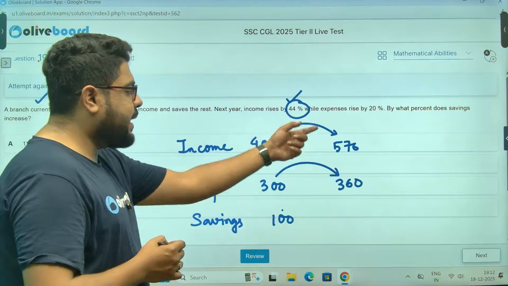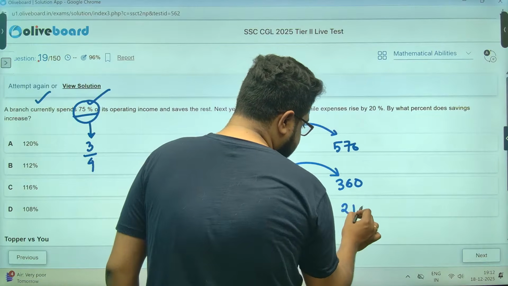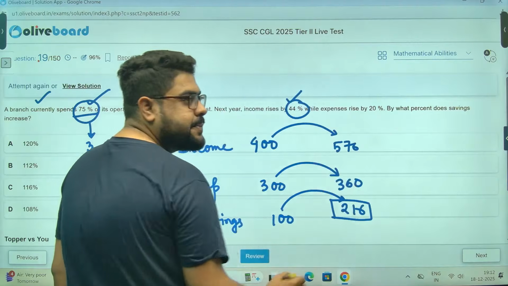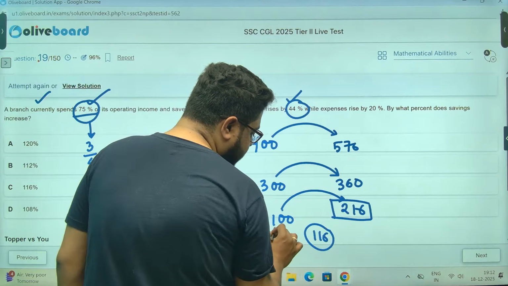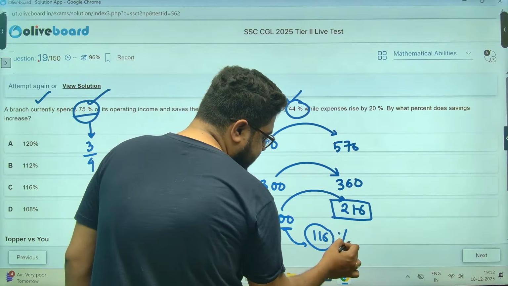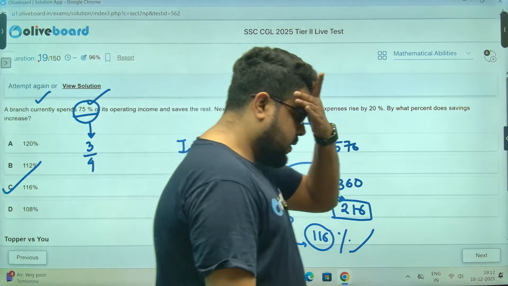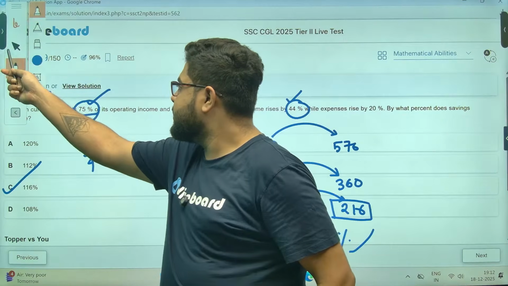Income minus expenditure gives savings, so this is 216 rupees. From 100 rupees, it will become 216 rupees. So how much increment? 116 rupees out of 100 rupees, meaning 116% increment. Option C is most definitely your correct answer.